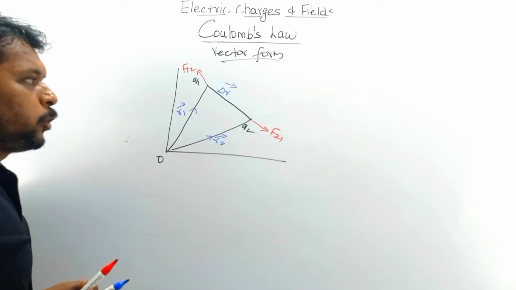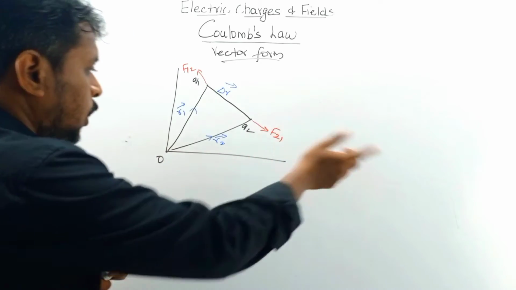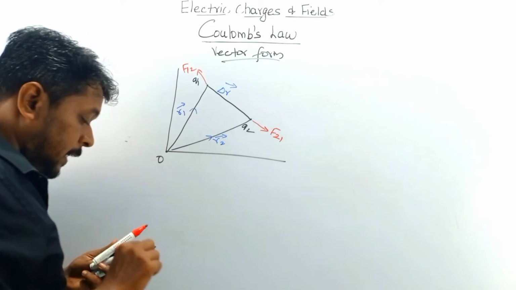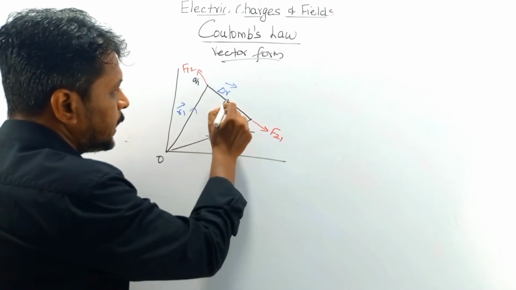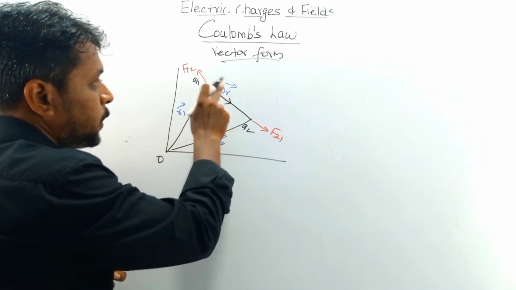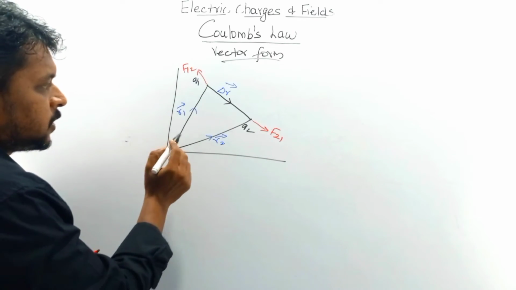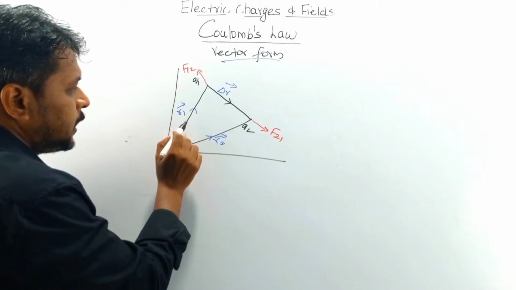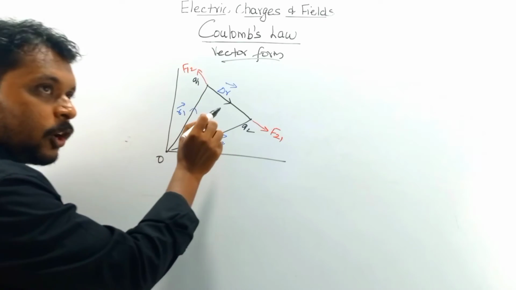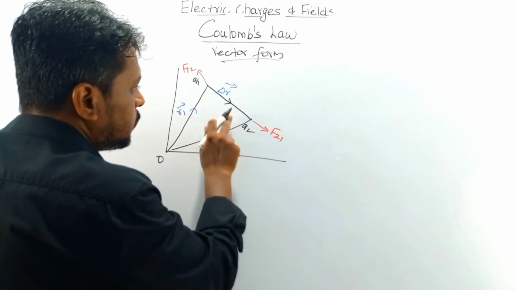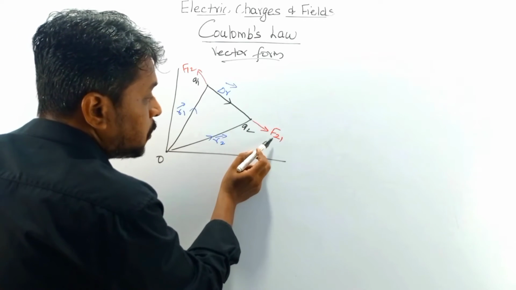So how am I going to represent the position vectors? For this case, the force acting on 2 from 1, the direction will be like this, and the direction of this particular delta r will be like this. So we can see that r1 is clockwise and delta r is anti-clockwise, when we are considering the force F21.